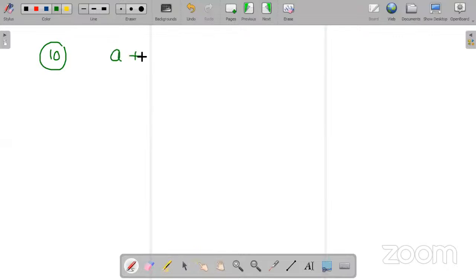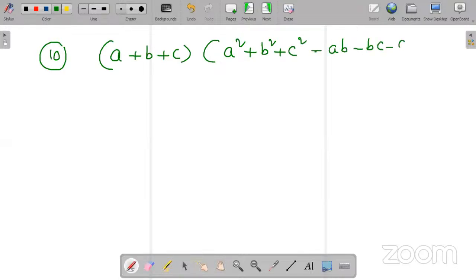A plus b plus c into a square plus b square plus c square minus ab minus bc minus ca is equal to a cube plus b cube plus c cube minus 3abc. So, right.